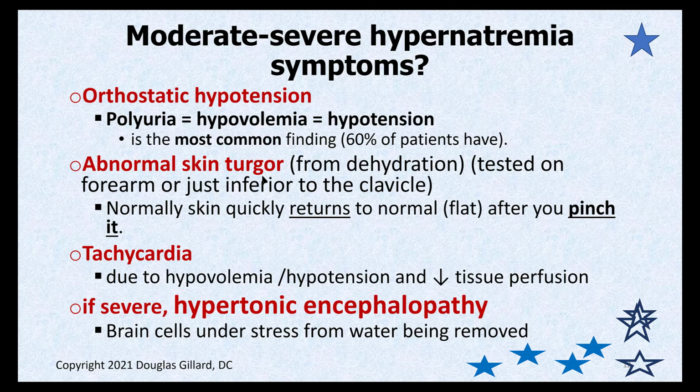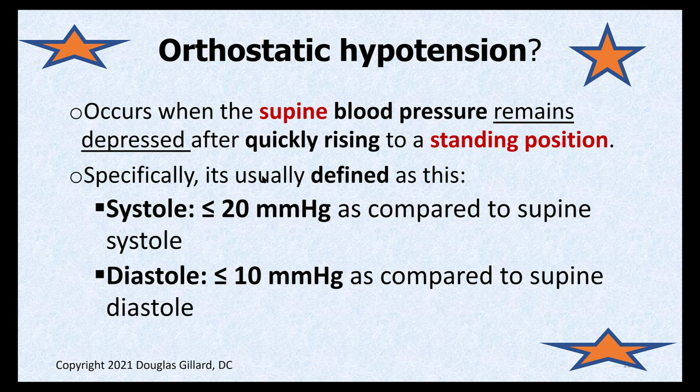If it's severe, toward the end of the disease's course, before death occurs, you could get something very scary called hypertonic encephalopathy. At this point, if your blood is so salty and needs water so badly, your body will start pulling it out of the cells and out of the interstitium. That includes brain cells. And it's not a good thing to pull water out of brain cells because it kills them. We'll come back to that.